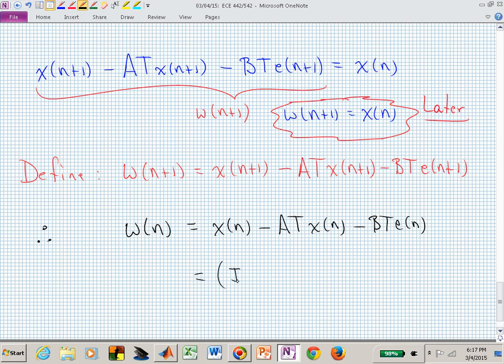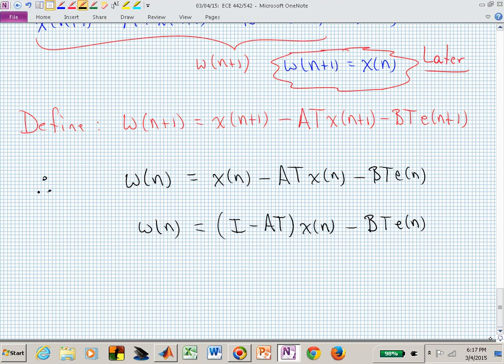Well, I can combine some of these terms. That's not a big stretch. But now, can I solve for little x of n?